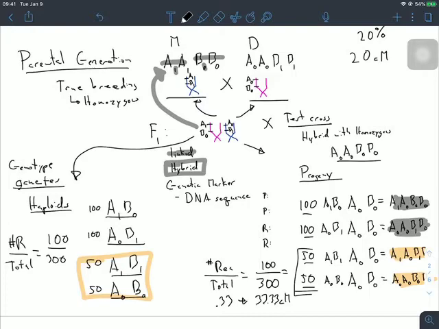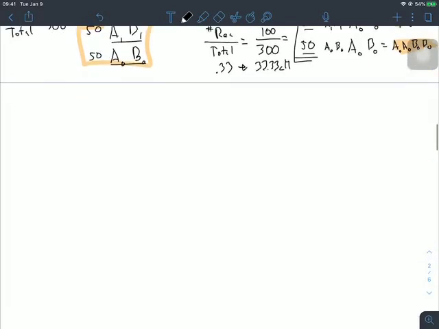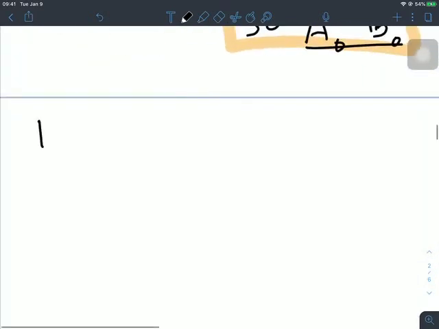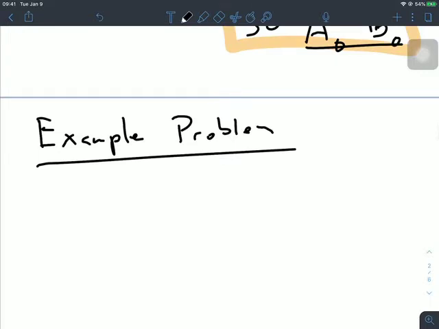So, new space, example problem time. We're going to revisit our epistatic control gene here. Not that it really matters that the gene's epistatically controlled, but it allows us to talk about an example that we've had before and also switch our nomenclature.